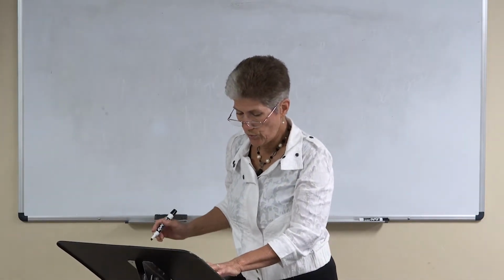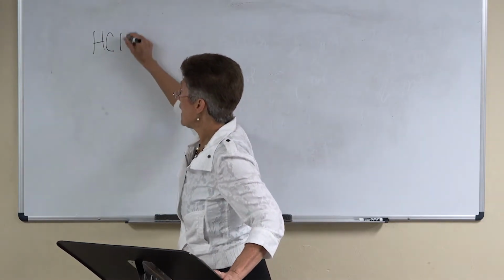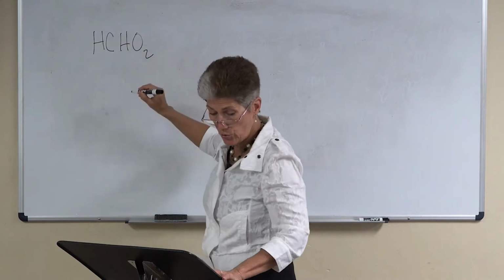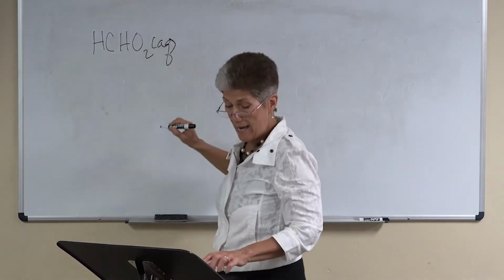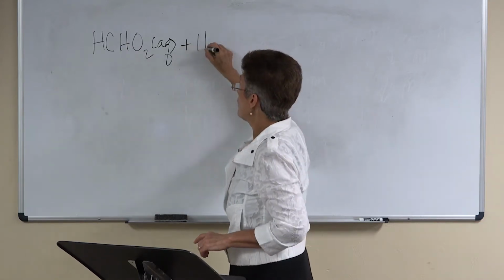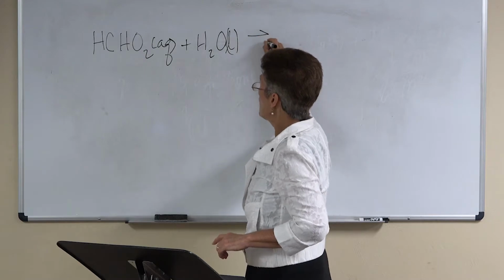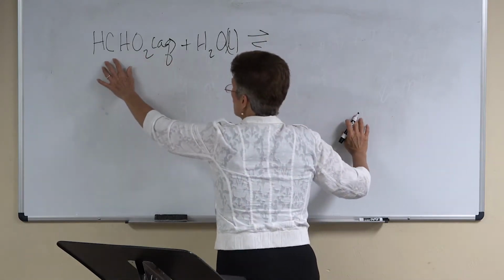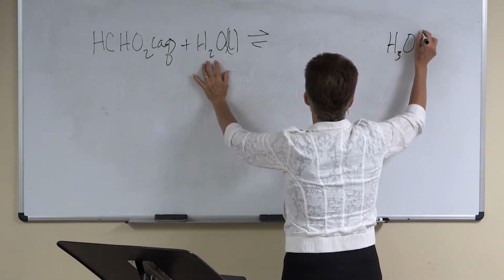What is the equation for the acid ionization constant of HCHO2? Okay, so we have HCHO2, and when we write this, it would be aqueous, and we are going to put it in liquid water, and then this is an acid, so it's going to give a hydrogen here, so this is going to end up as this.